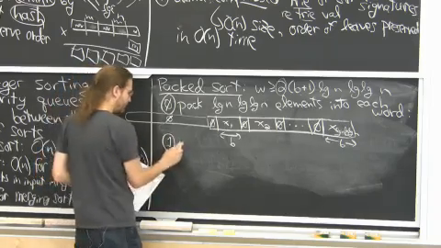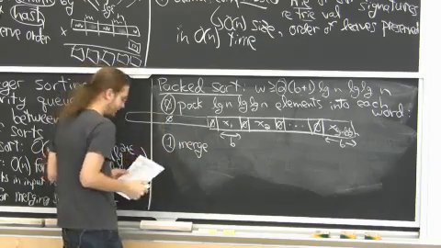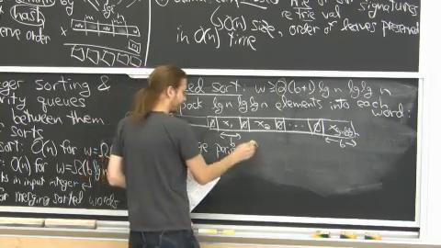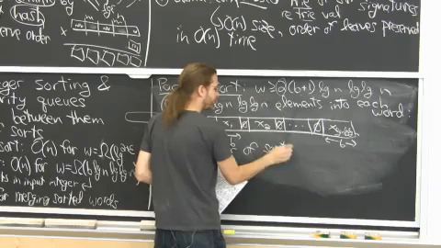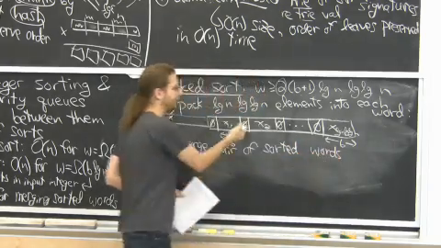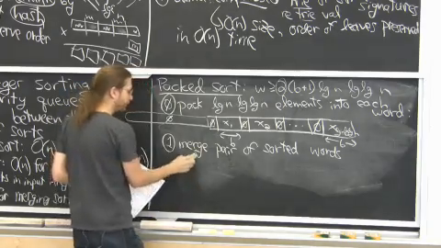Next step. This is an algorithm. It's not really a step, I should say. These are things that we're able to do, and we're going to combine them in different ways. So the next thing to observe, this is a sort of bottom-up perspective. So first thing we can do is pack things into a word. Next thing we can do is merge two sorted words.